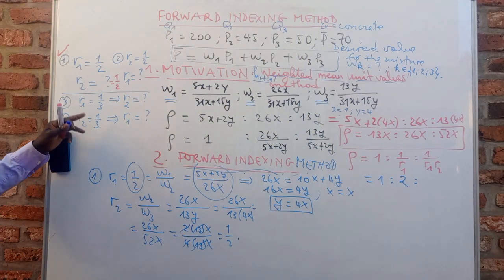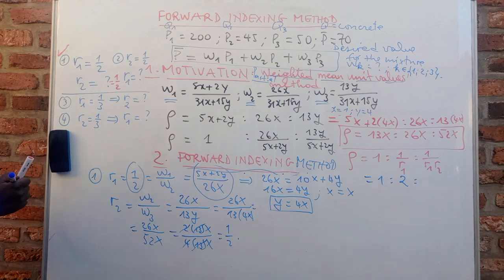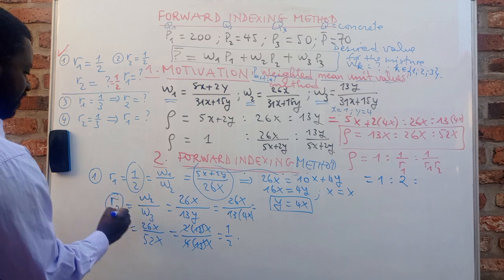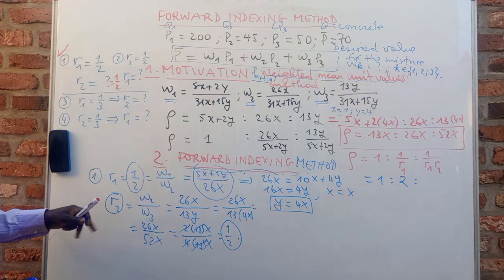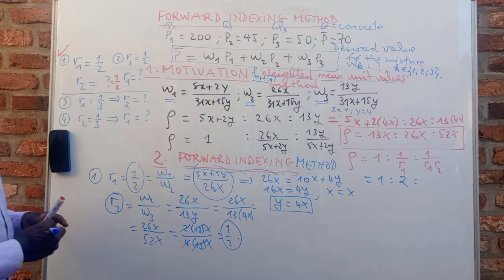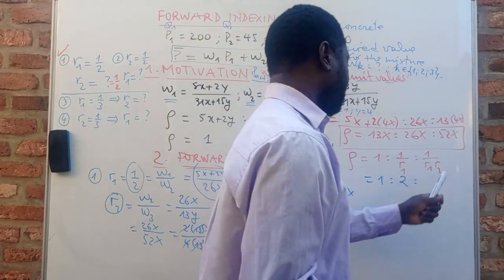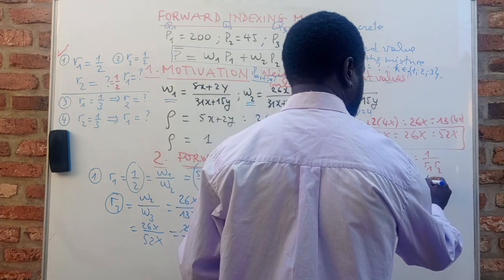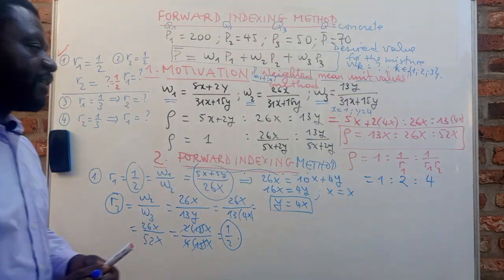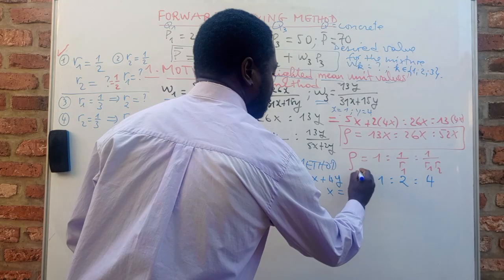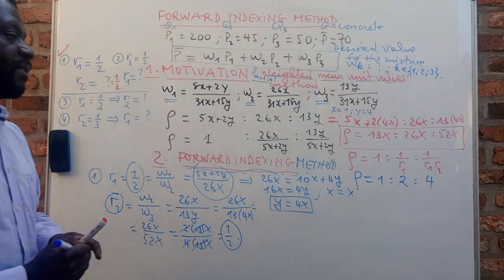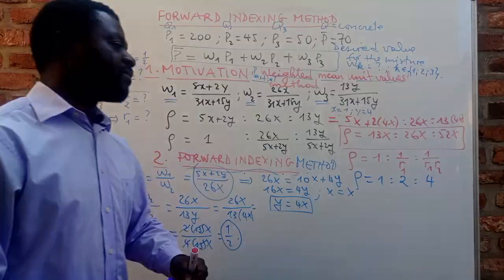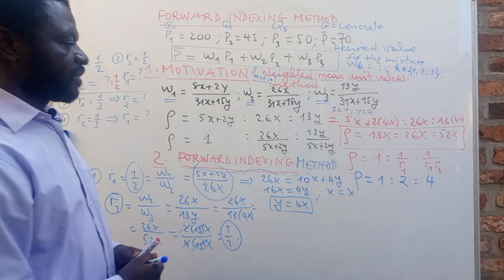The second ratio is also a half, so a half times a half is a quarter, and the reciprocal of a quarter is 4. So this ratio is also equivalent to that ratio.